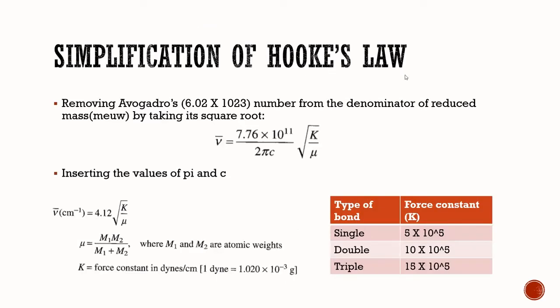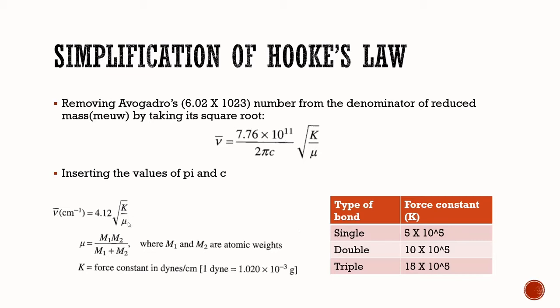Simplification of Hooke's law. As I have already told you, the Avogadro number is multiplied, so it is given like this in the numerator. It is converted into the numerator form by calculations, and we put the values of pi and c. So now the simplified equation is 4.12 under root k by mu.